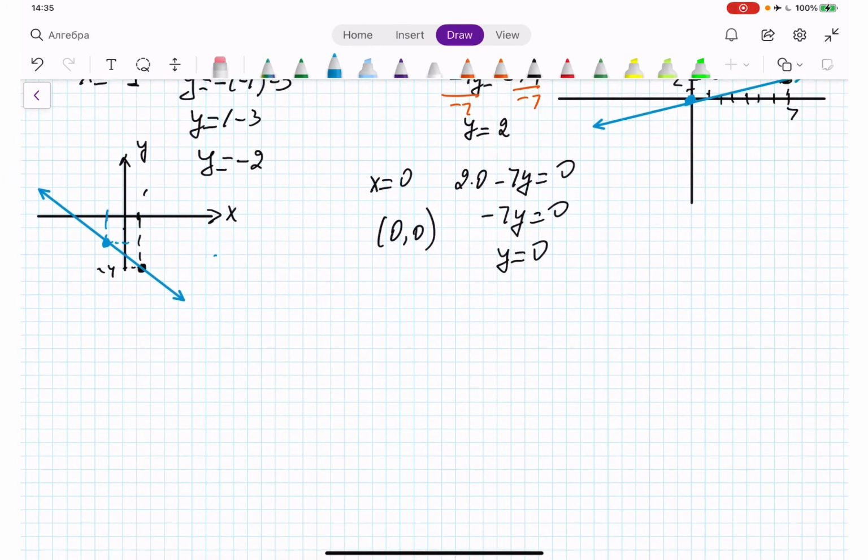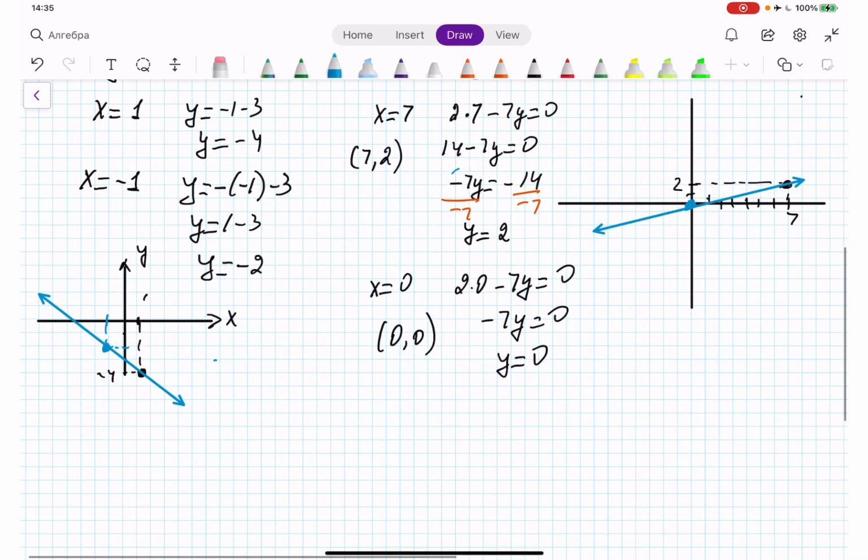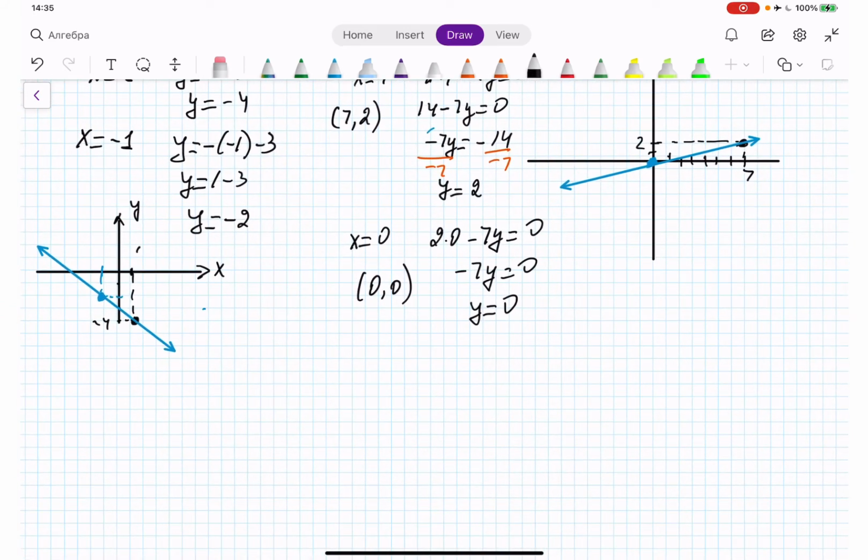Question number 4. Actually, this was 4. Moving to question number 5. All right. Graph the linear equation. Okay, let me see which method they want us to solve.